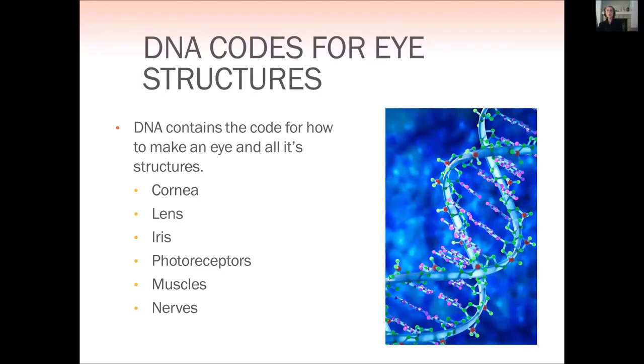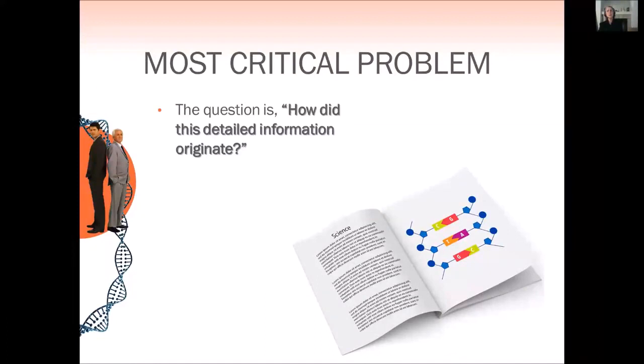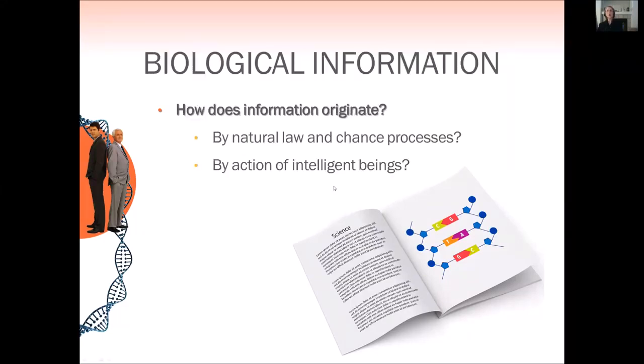It also codes for how to put it all together and for how to make it all function. How did this detailed information contained in the DNA originate? That is the most critical problem for the idea that this visual system could have evolved.